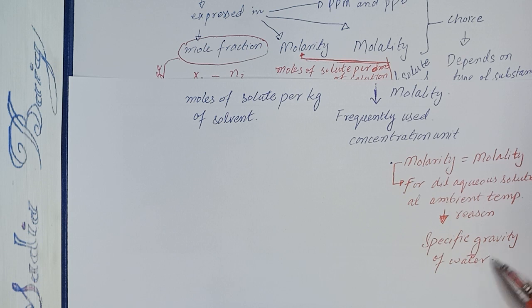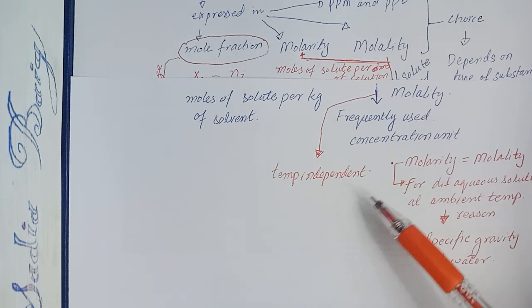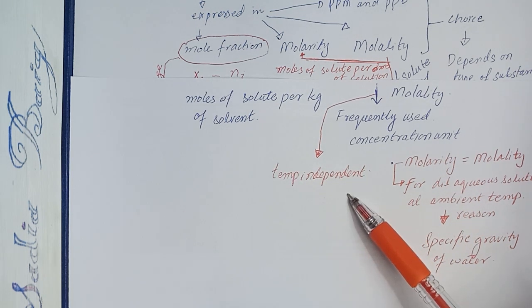The reason is that the specific gravity and the density of water is nearly equal to 1. It means that the volume and the weight of the water are similar. Molality is a temperature independent unit.